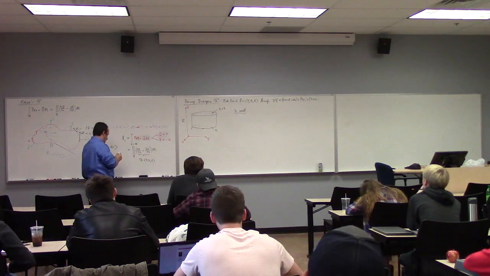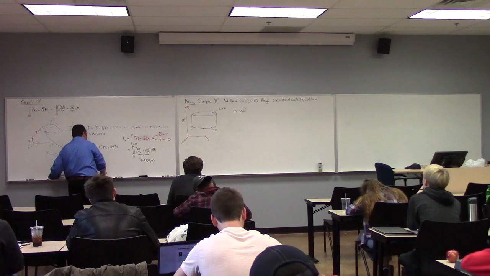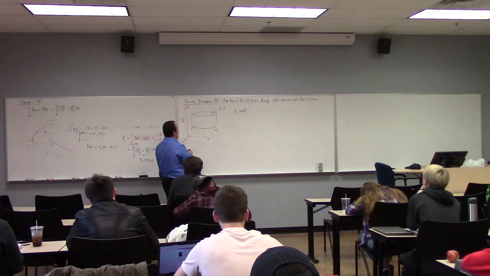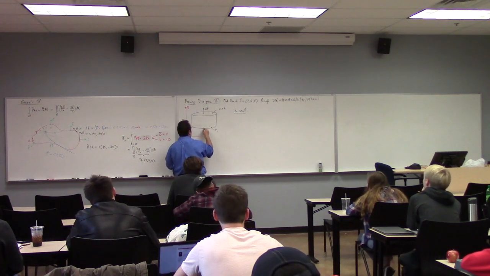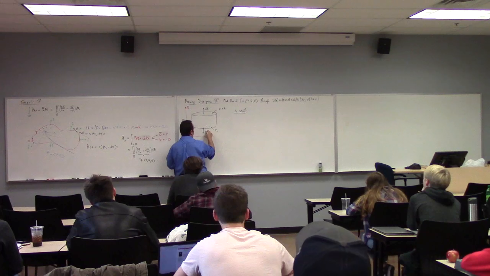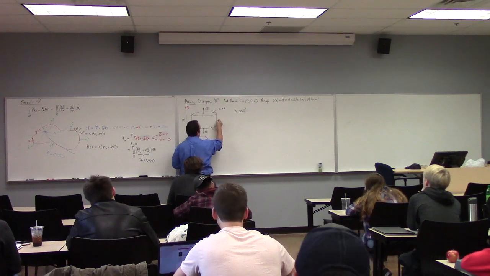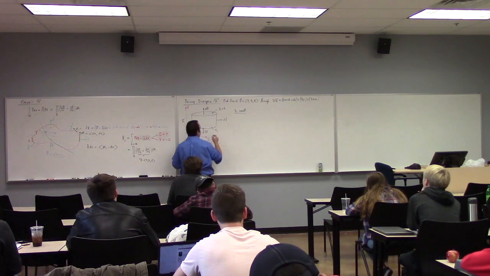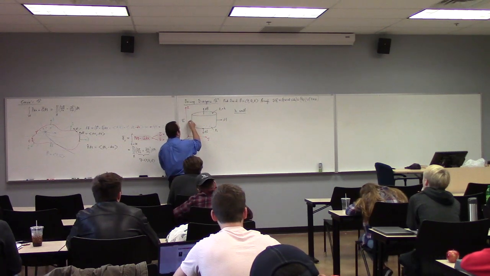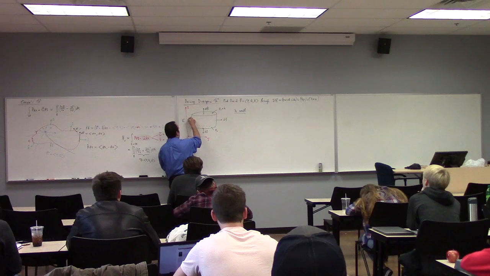So you guys can tell me, what's dS look like up here? I mean, dS vector down here would be like this, right? On the side, it points out like this, right? The normal. So the normal points perpendicular to the surface, yeah?